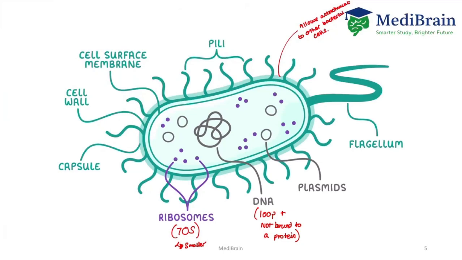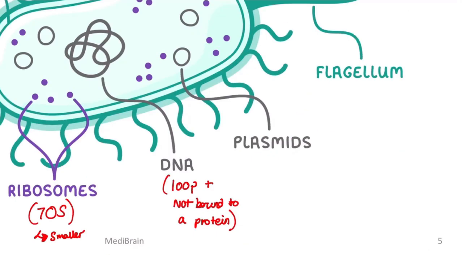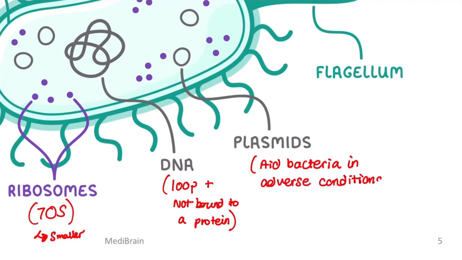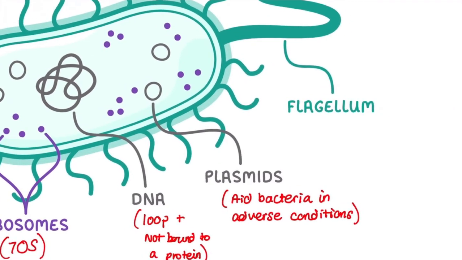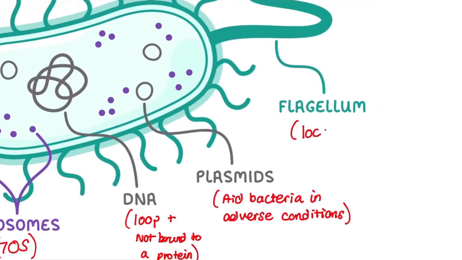It's just there, not bound to a protein at all. You've got these plasmids which aid the bacteria in adverse conditions. And then you've got this flagellum, which is there for locomotion to allow the bacteria to move and carry out its function.